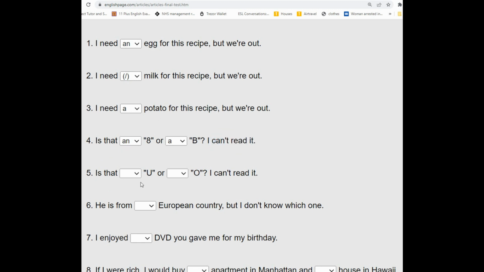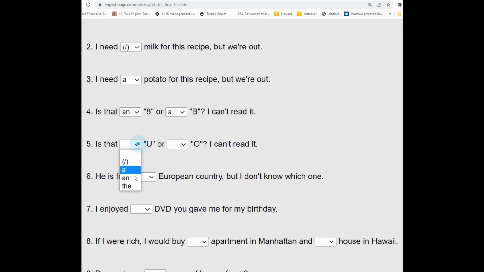And of course, we need to do the same: is that a U or an O? Now, I hope everyone can see here that we say an before vowel sounds. Eight is a vowel sound. O is a vowel sound. B starts with a B, a consonant sound.